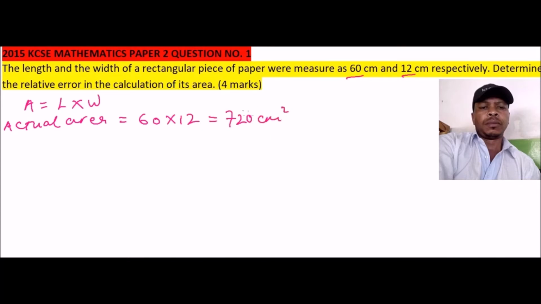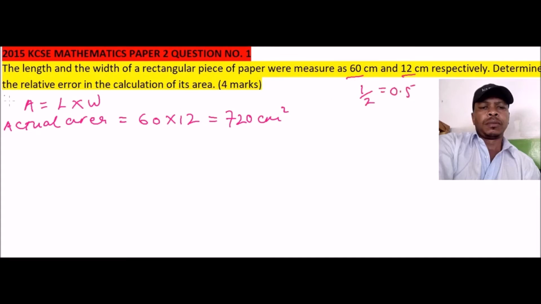So that is the actual area ya hiyo rectangle. Alafu tunajua the least unit of this measurement of the rectangle is 1. So when you divide 1 by 2, you get 0.5.